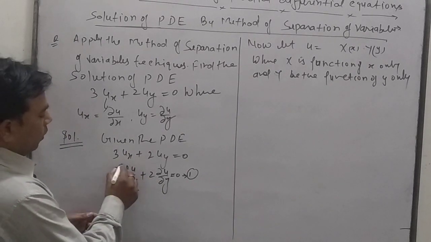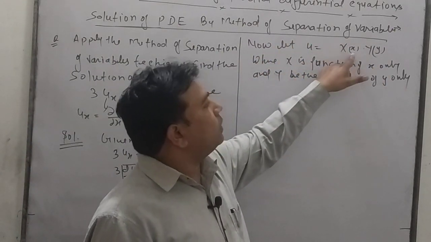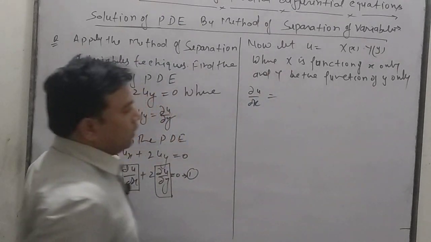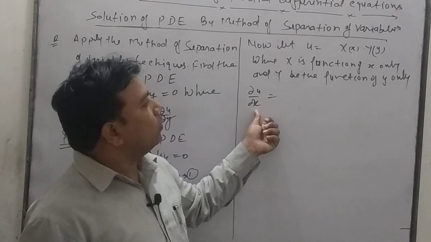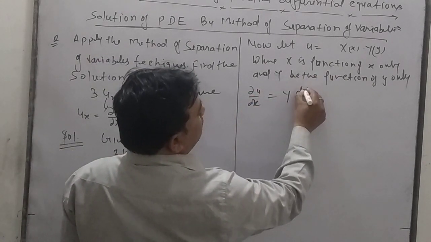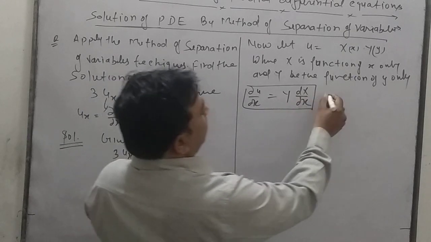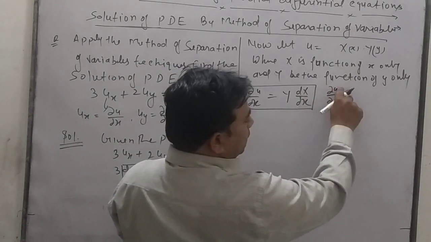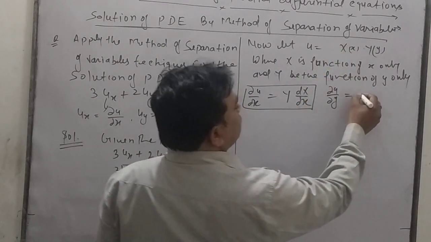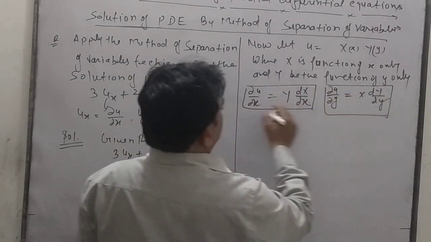Taking the partial derivative of u with respect to x, y is constant and X is a function of x only, so del u over del x = Y dX over dx. Similarly, the partial derivative of u with respect to y: Y is a function of y only and X is constant, so del u over del y = X dY over dy.